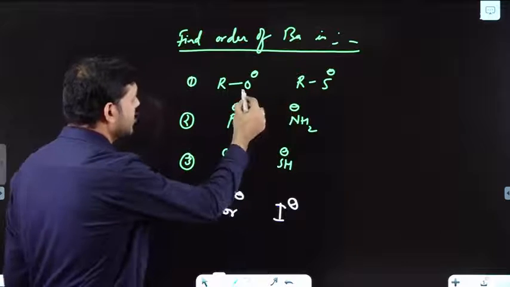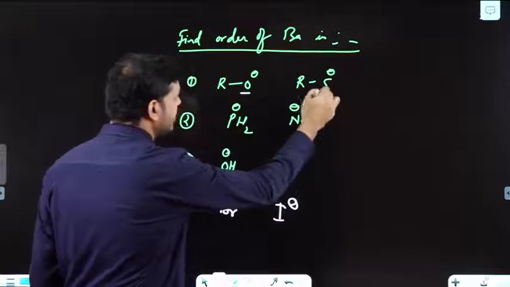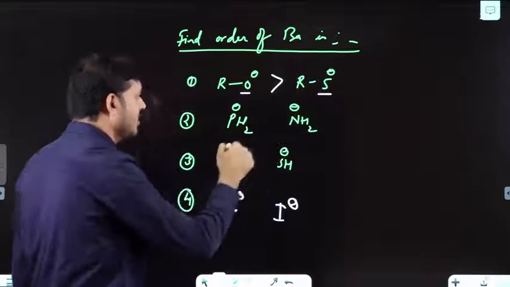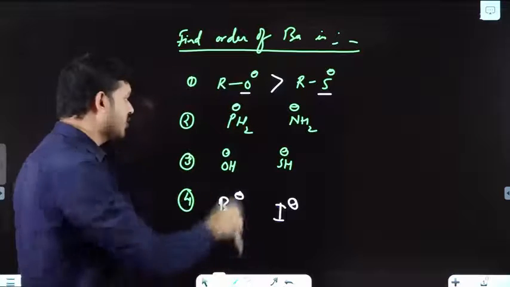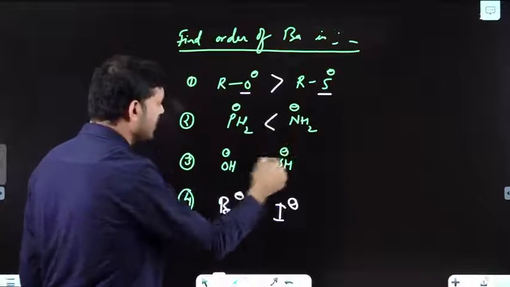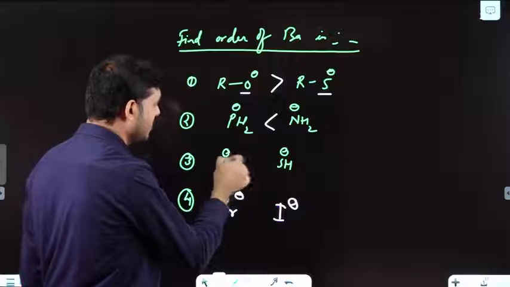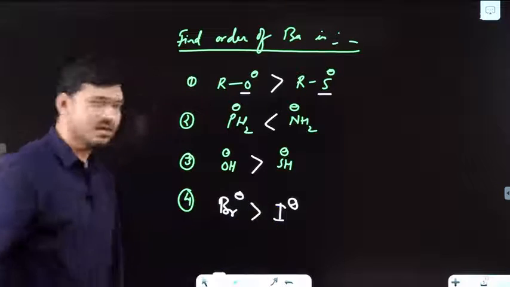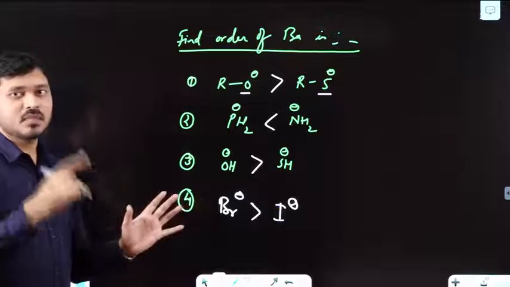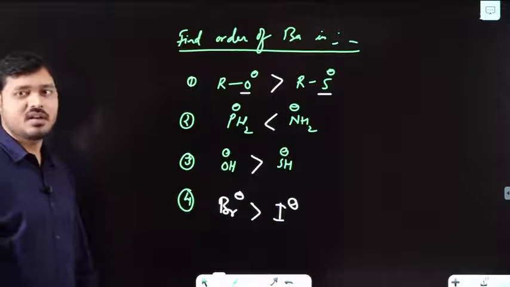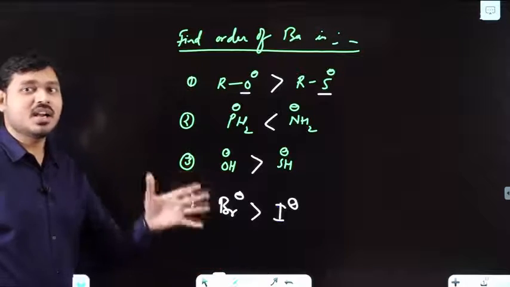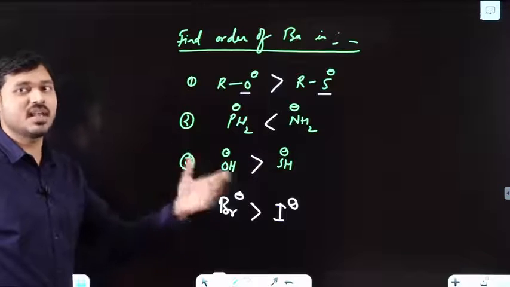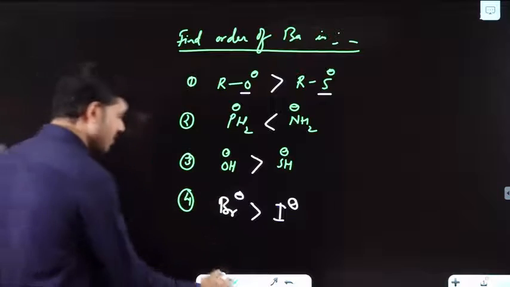RO minus, RS minus, O minus, S minus, size bigger, so stable, lesser basic. This one N and P, nitrogen to phosphorus, up to down. So this is more stable, this is more basic. O minus, S minus, again more stable, so this will be more basic. I minus is bigger in size, so this will be more basic. Clear to you? So basicity is inversely proportional to size. One more factor you can add here: the available electron density for proton will be decreased due to larger size. Available electron density, I am telling. Okay, so I think clear to you.